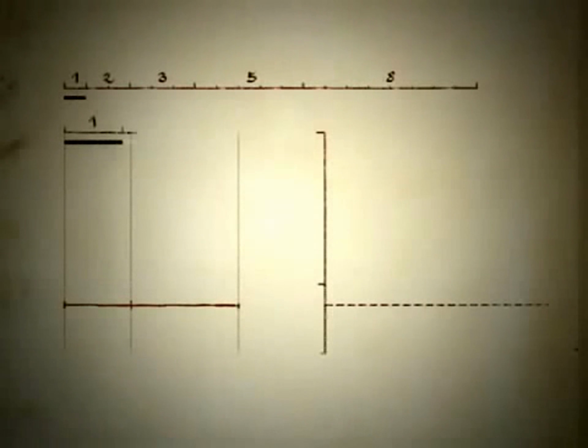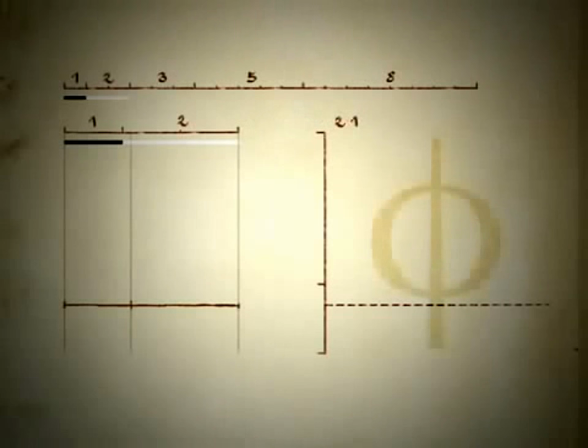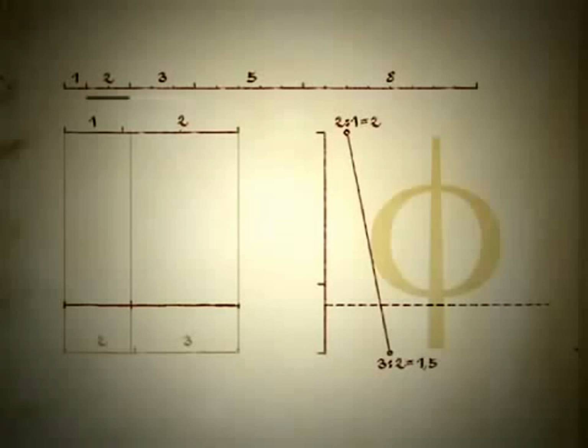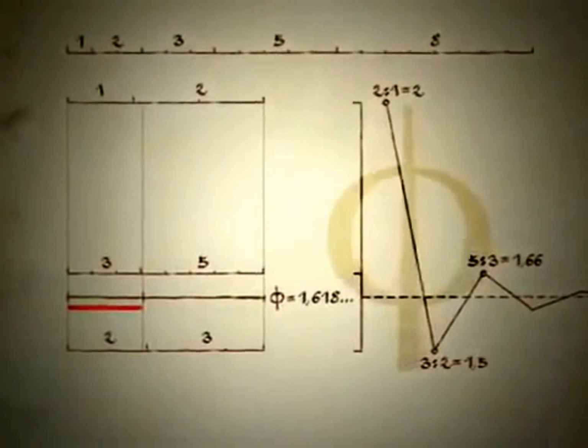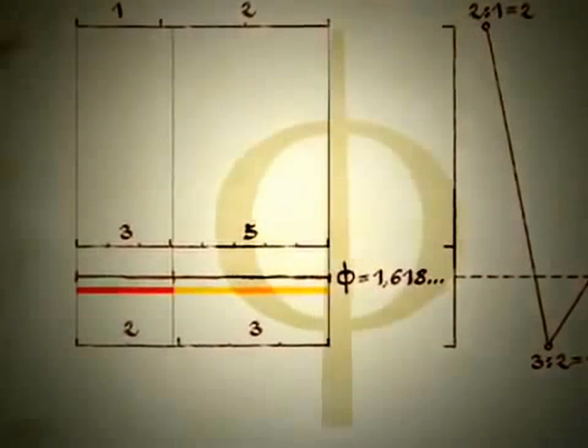He observed that the relationship between a number in the Fibonacci sequence and the previous number more and more closely approaches the irrational number phi, the longer the sequence is continued. And phi describes nothing other than the golden section.